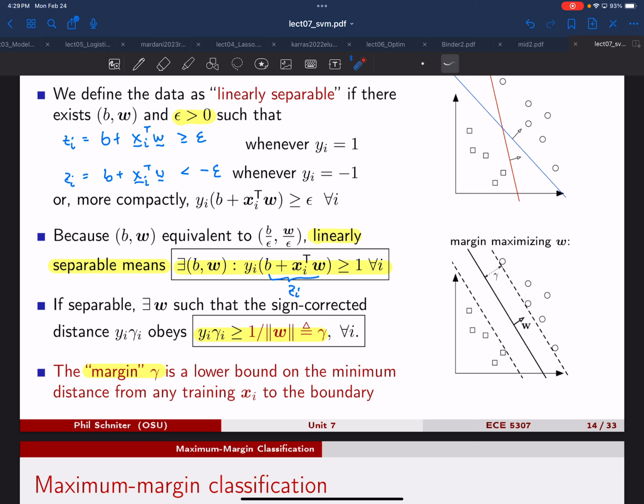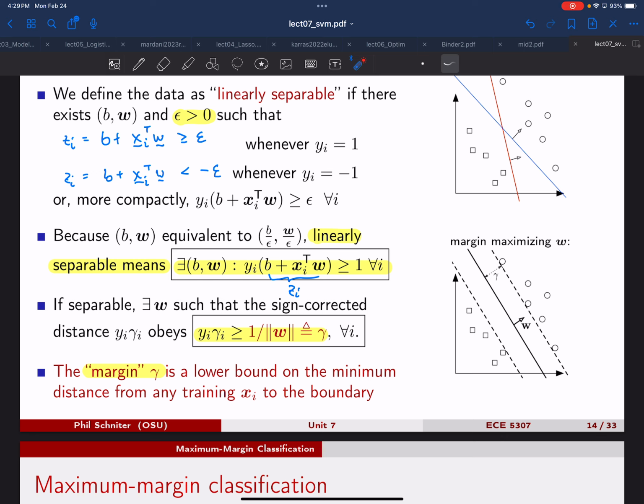So this says, if you look at this signed distance for all the points i, and then you correct that signed distance by multiplying by either 1 or minus 1, that thing is greater than or equal to some number. It's lower bounded by some number for all the samples. So here we have a picture of this. We have our points, squares, circles.